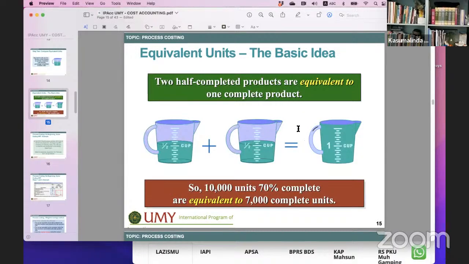We have 225 cups, but each cup is not fully filled with water. Some cups are only half full of water, some cups are maybe three quarters full, and so on.